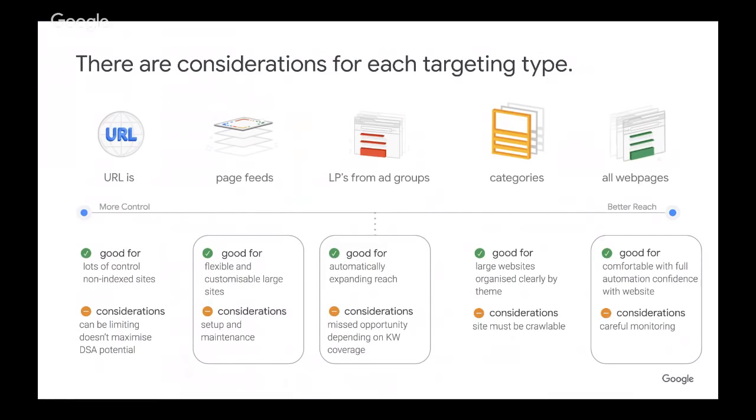So you can actually segment which URLs you want to promote. It would be interesting to see what am I promoting on a shopping campaign, and then duplicate that to a page feed, so you have shopping ads and text ads together. Then you have landing pages from ad groups, categories, and website pages. That's more advanced.